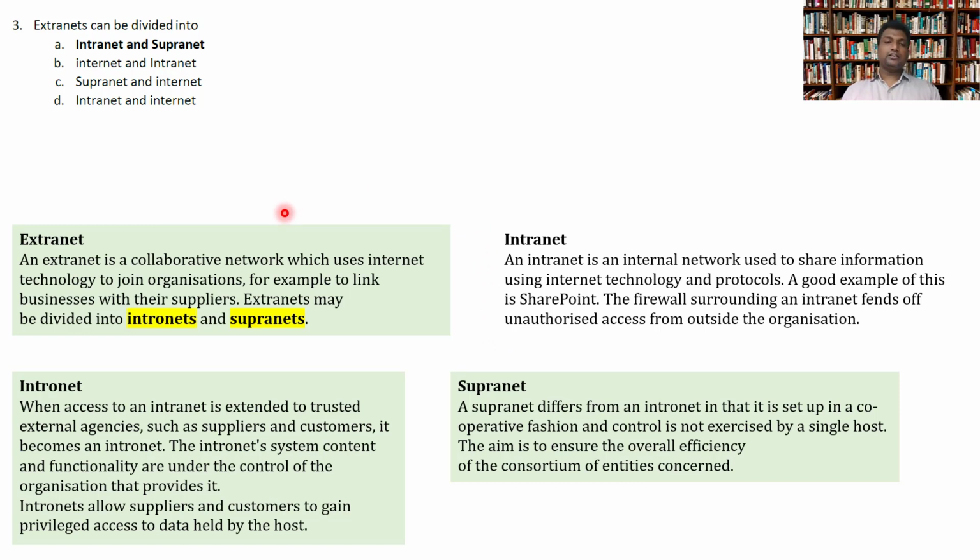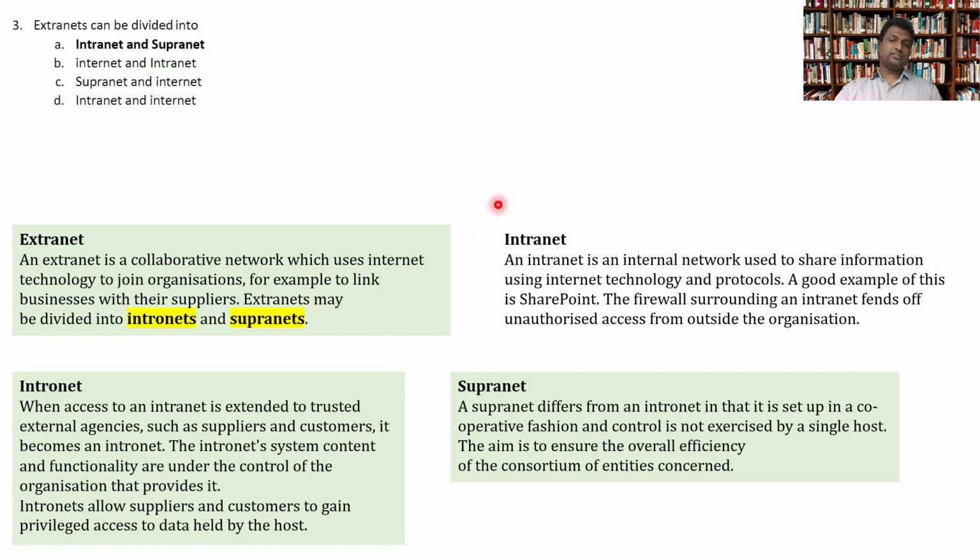can be made available for access from the outside. For example, some staff members will need to work in this system while they are outside of the office. So not the complete network, but a selected part of it, a selected portion of information can be made available to be accessed from outside the organization. Right. So when that happens, that portion of this intranet which is accessible from the outside, we call it an extranet, an external network.